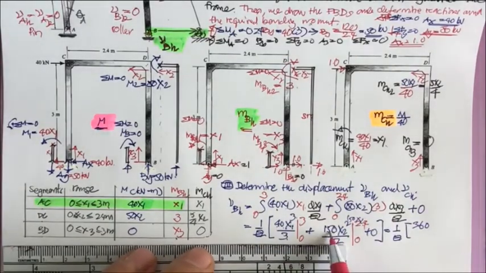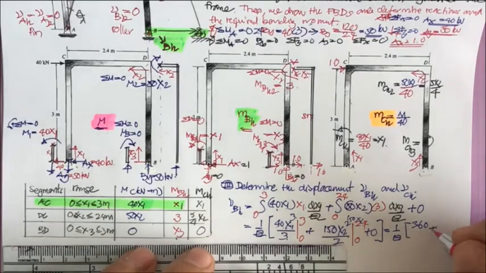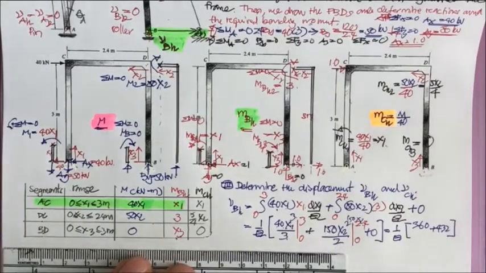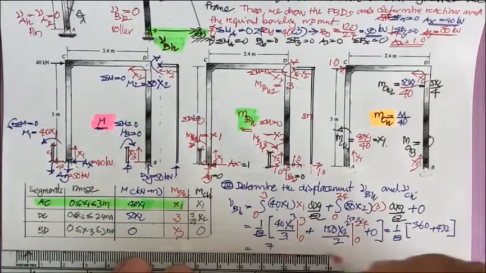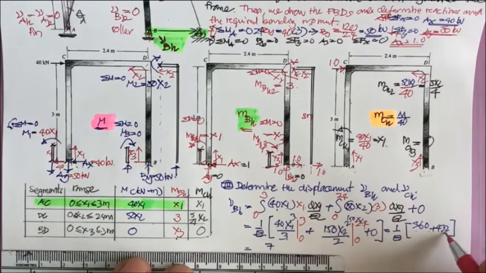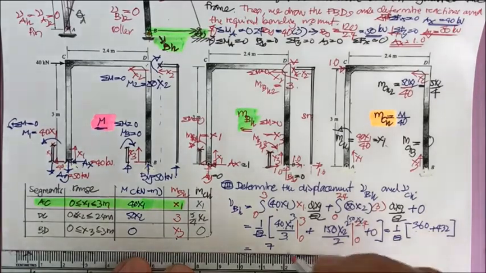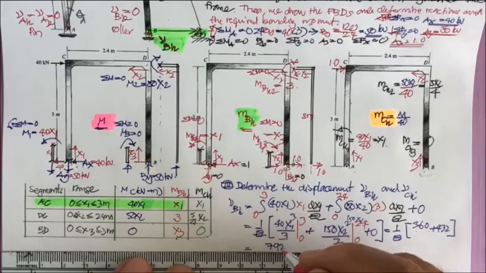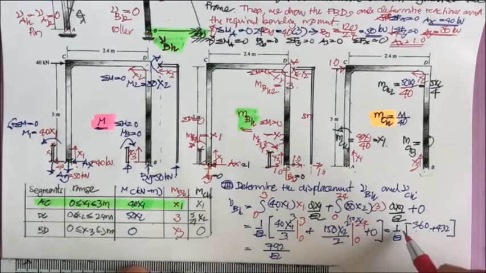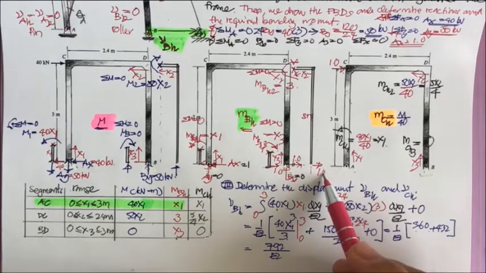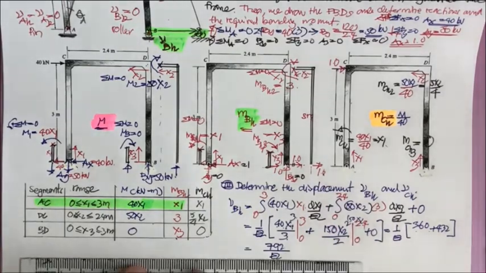This is going to be 75 times 2.4 squared, which is 432. The sum of 360 and 432 is 792 divided by EI, and it's positive, which means it's going to be in this direction.